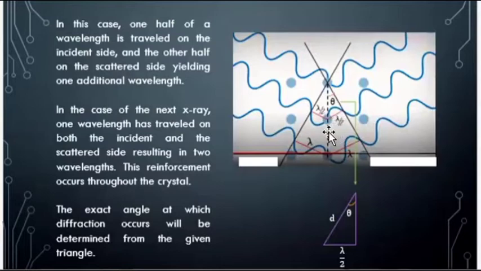In the case of the next X-ray, one wavelength has traveled on both the incident and the scattered side, resulting in two wavelengths. This reinforcement occurs throughout the crystal. The exact angle at which diffraction occurs will be determined from the given triangle.